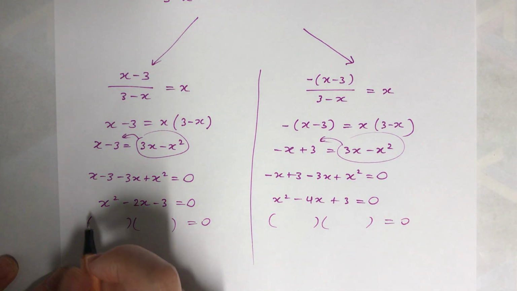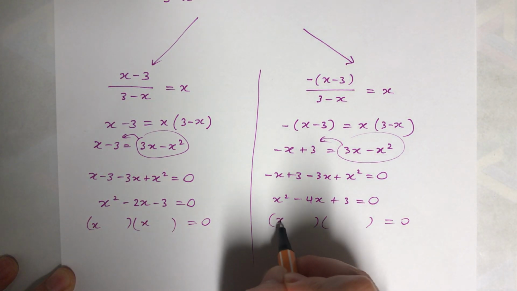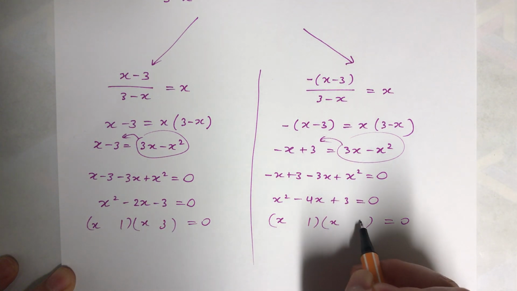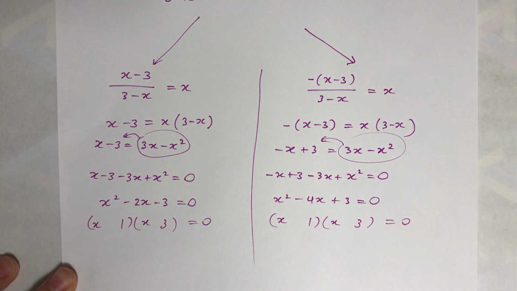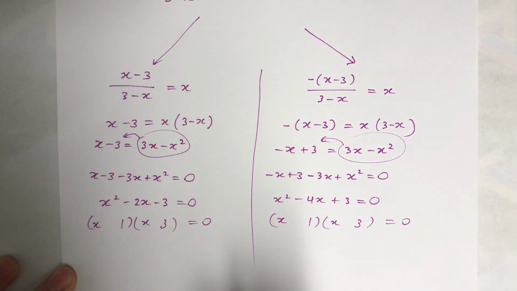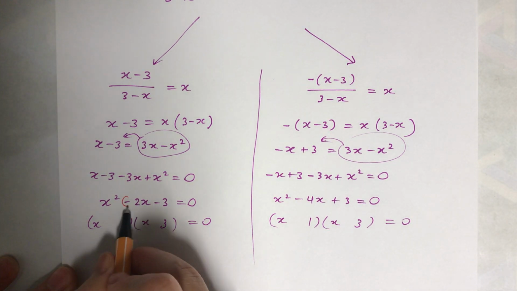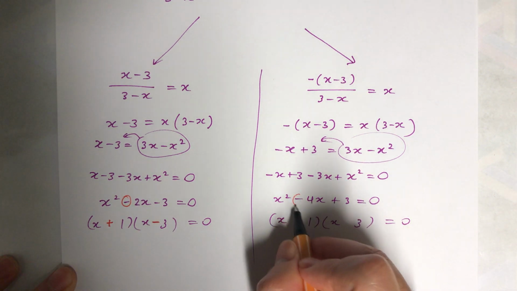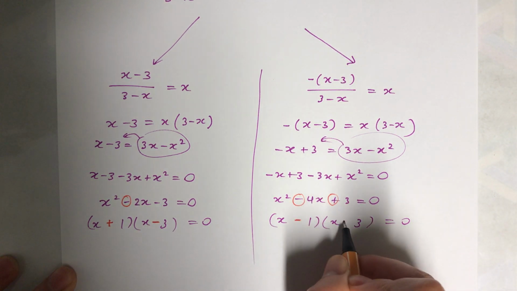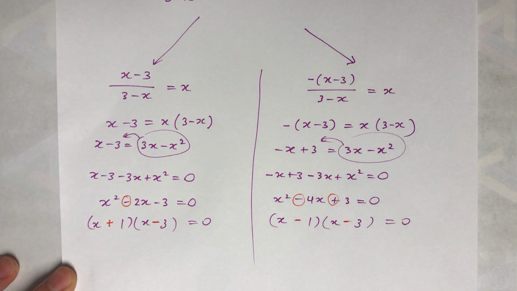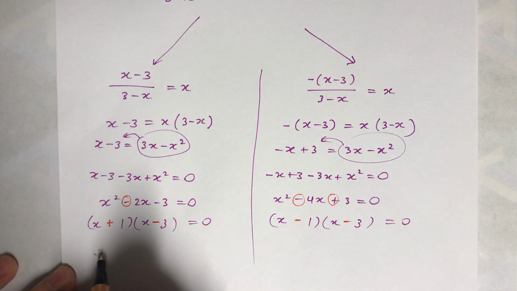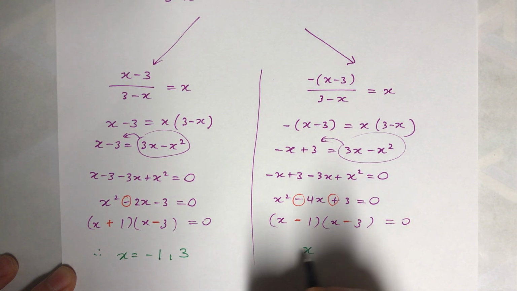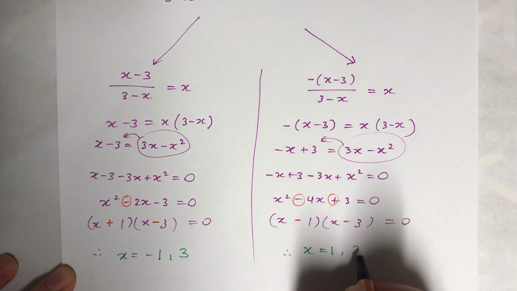It's monic, so x, the factors of 3 are that. Okay, I'm ready to go now. So it's negative, so it'll be negative plus. So my answer is x equals minus 1 or 3, x equals 1 and 3.